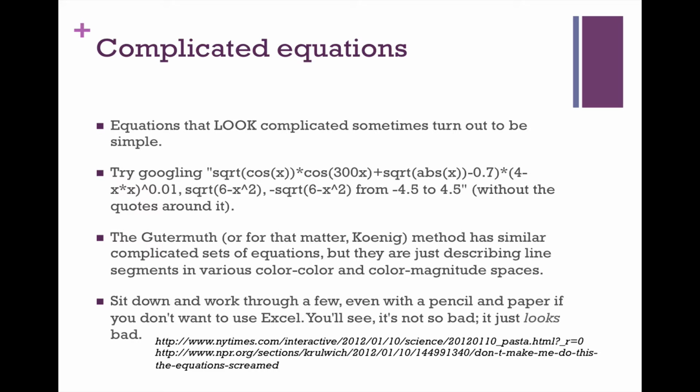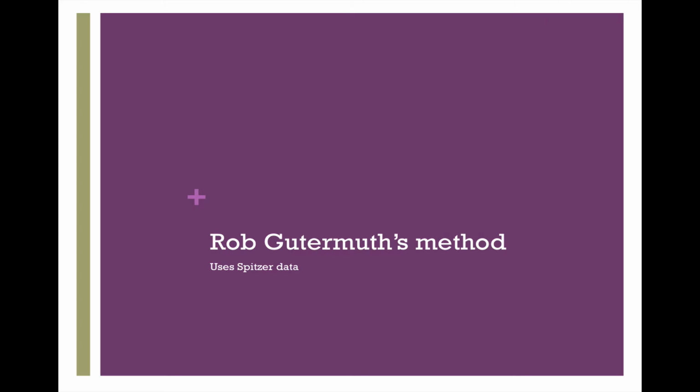It just looks bad. There are 2 links here of other uses of math to describe simple pictures. This first one has math describing pasta shapes, and this was an article called "Don't Make Me Do This, the Equation Screamed." So you can see it's tongue-in-cheek, but the idea is that he's drawing pictures with the math.